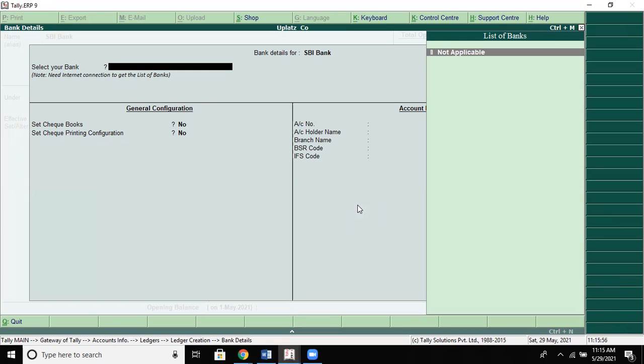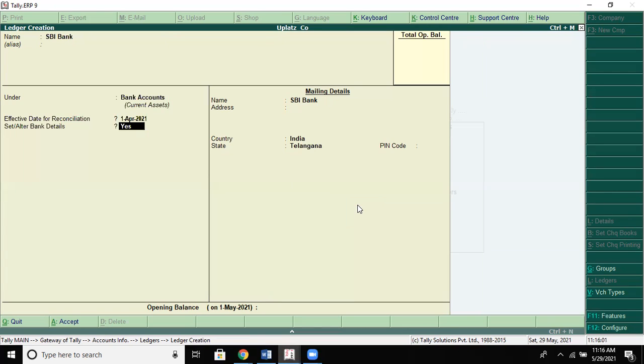But as of now, as we haven't created any bank account, let's not give them. As of now we will say no. SBI Bank address, pin code, enter, save. Press enter twice and the account will be saved.